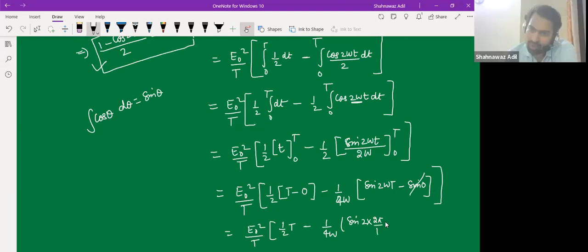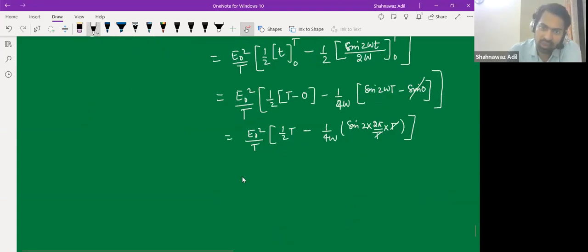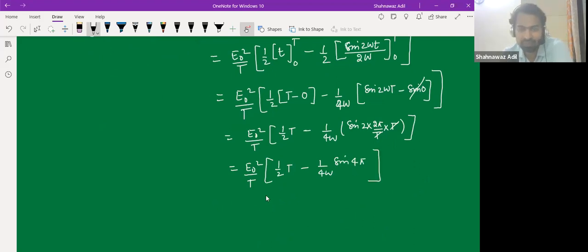So 2 pi by T into T, this part cancels, and we have sine of 4 pi. So this is E naught square by T, and 1 by 4 omega sine of 4 pi. What is the value of sine 4 pi?